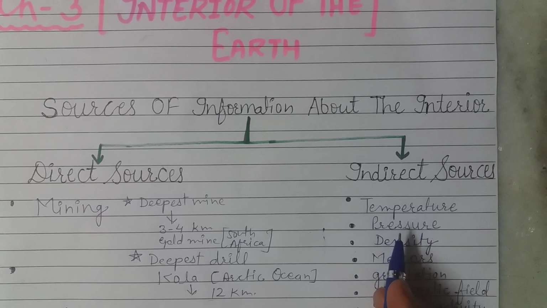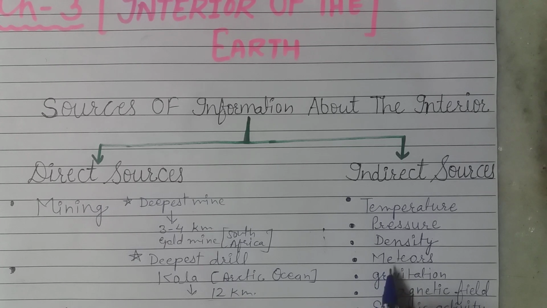Another source of information is meteors. These are not part of the Earth. So how can we get information from meteors? The material of meteors is the same as the Earth's, because all of it is planetary material.